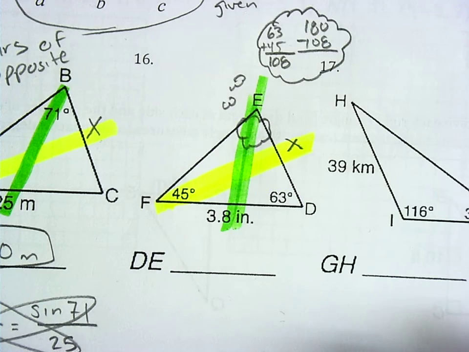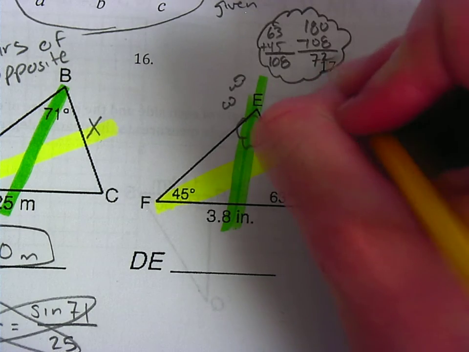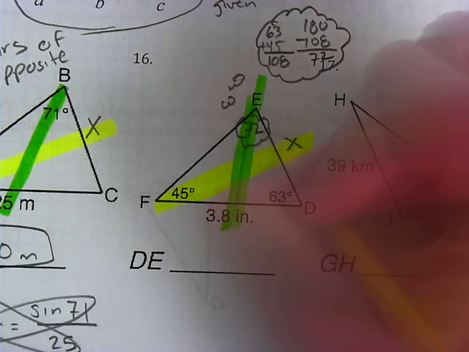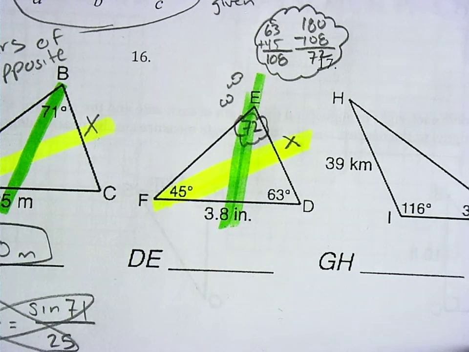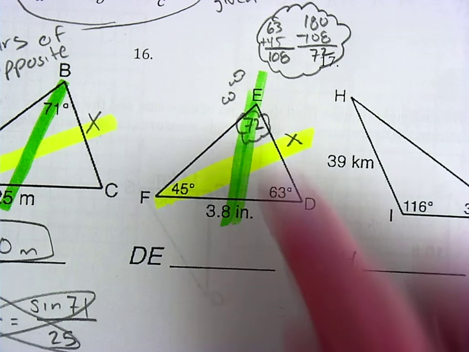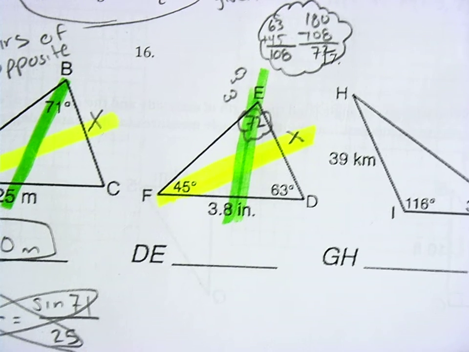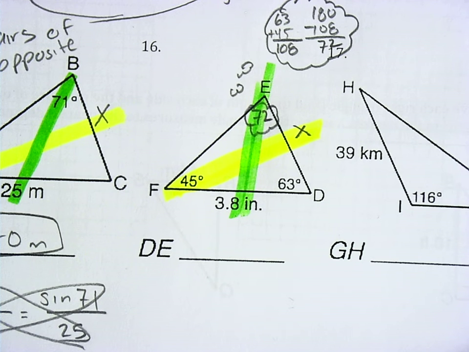So 180 minus 108 is 72. So this angle right here is actually 72. So we went ahead and we found that by subtracting from 180. And now we have our pairs of opposites. We have both of them. And we can use the law of sines.